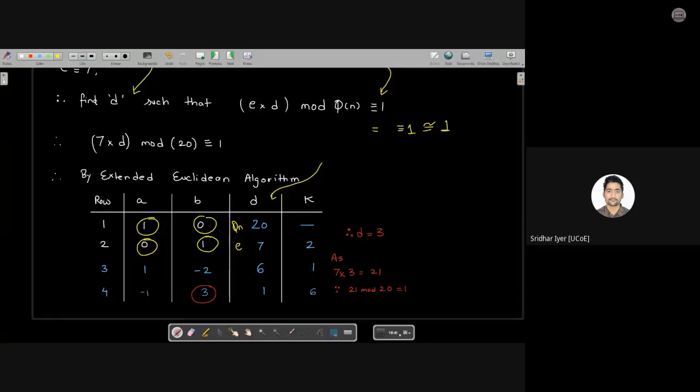Next up, this has to be blank according to the algorithm. Now what we need to do is, we can say that 7 into 2 is 14. So we can say 20 is nothing but 7 into 2 plus 6. Can we write it like this? Yes or no? Very simple maths it is. 7 2s are 14 plus remainder is 6.